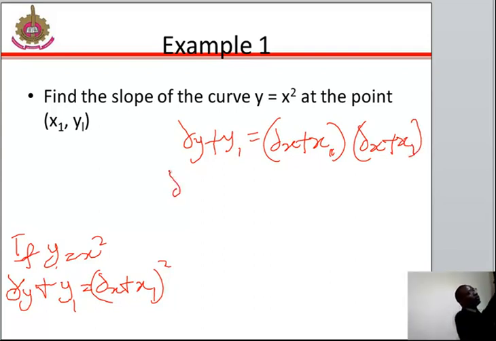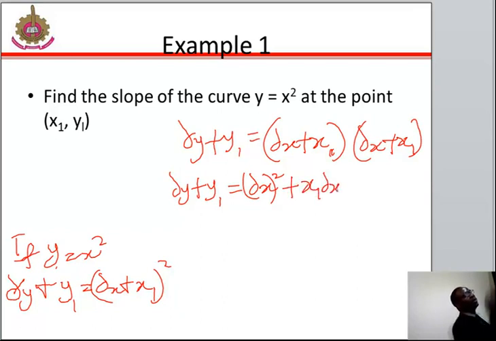Now here you have delta y plus y1 equals delta x squared. Do not forget delta x squared, then plus x1 delta x, then plus x1 delta x, plus x1 squared. Now, having this with you, what you do is take this y1 to the other side.